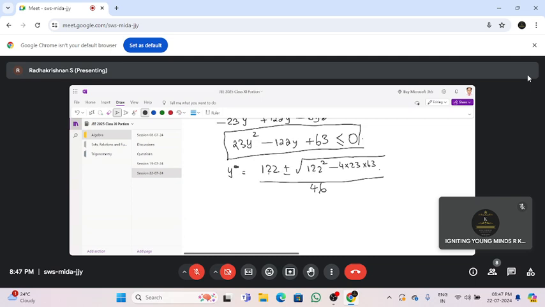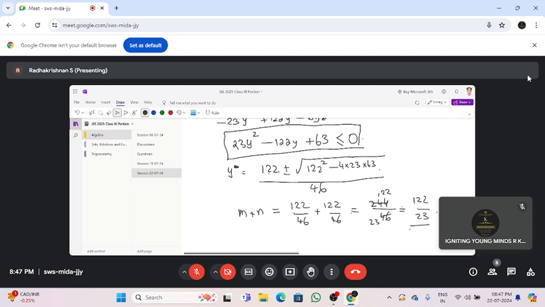Since y can take these two values, one is the minimum value and the other is the maximum value. The sum of these two values is what they are asking. One is m, another is n. So m plus n will be this. We can simplify it. This is your answer, 122 by 20.